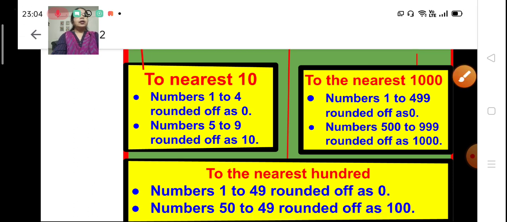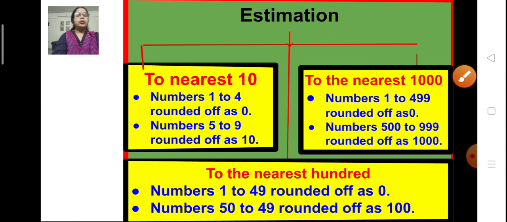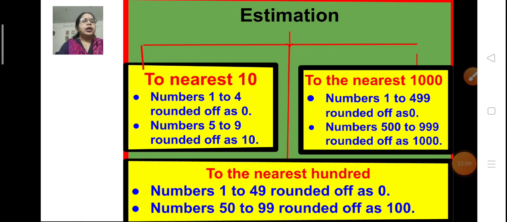Now to the nearest 1000, how do we round off? The numbers 1 to 499 are rounded off as 0, and the numbers from 500 to 999 are closer to 1000, so they are rounded off as 1000.